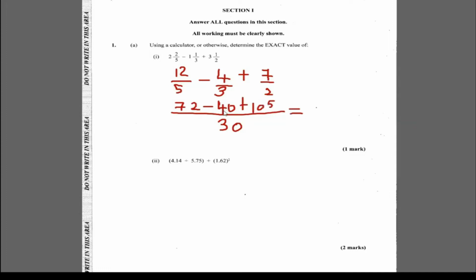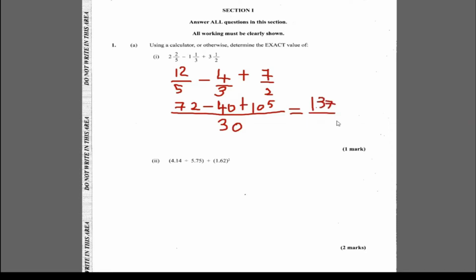So then you work this out. 72 minus 40 is 32, and 32 plus 105 is 137 over 30. You said the exact value.